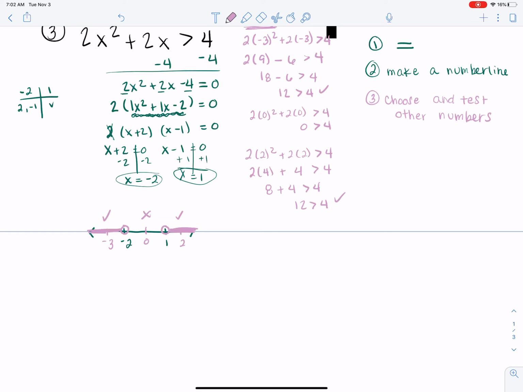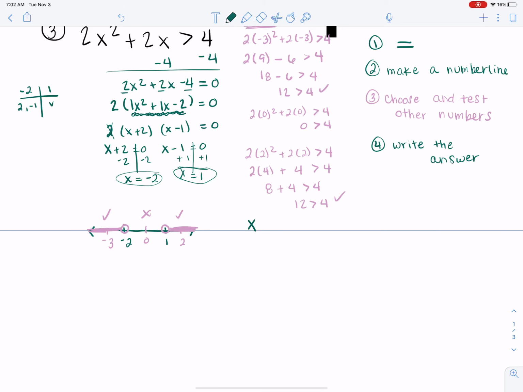Okay, now step 4, we're going to write the answer. If they shade away, it's an or statement. So we have that all of our x values are less than negative 2, or the answer is greater than 1.